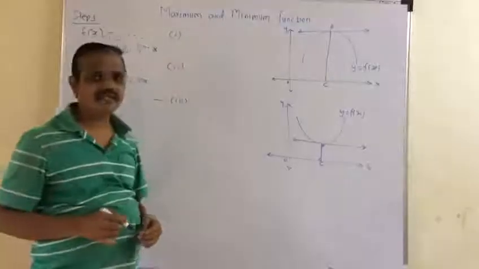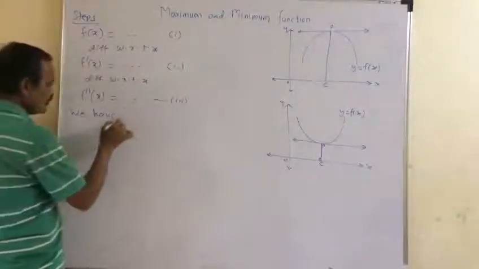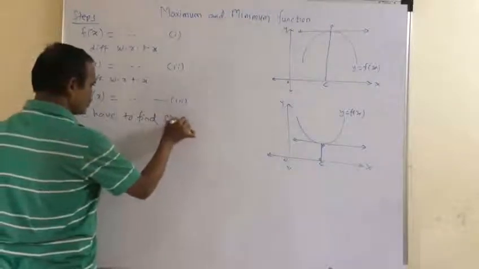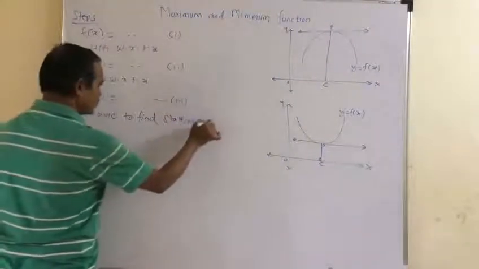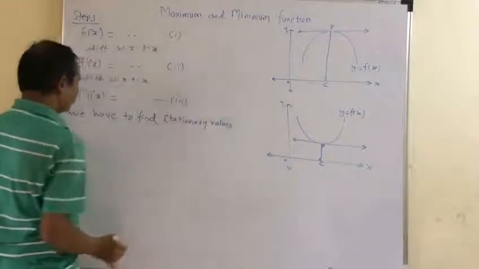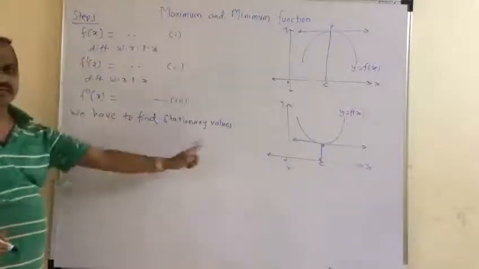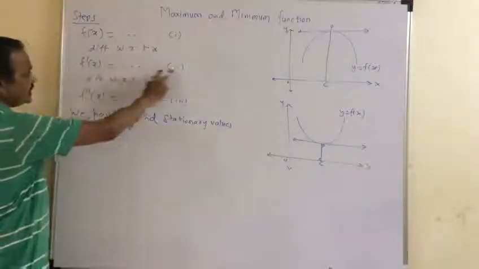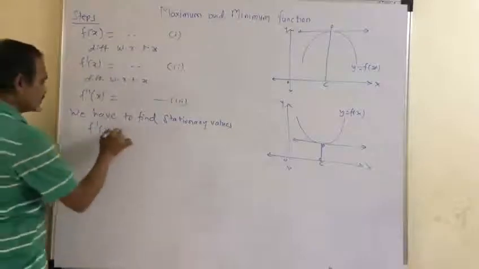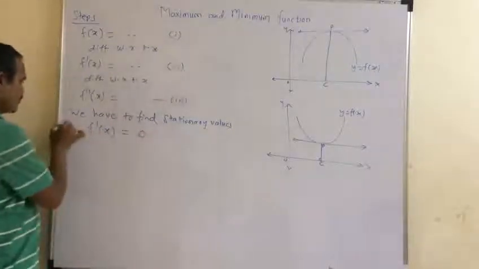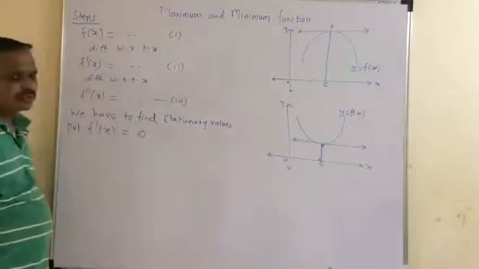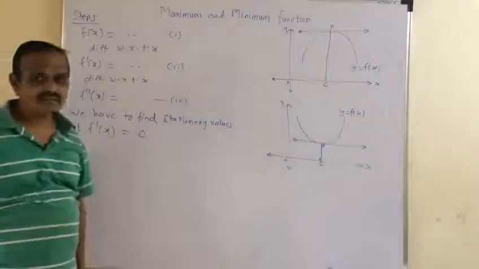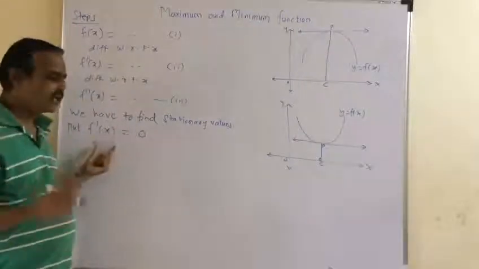To find stationary values, first we put equation second, that means f dash x is equal to 0. Put f dash x is equal to 0. Now at this step this is our quadratic equation, so we get here two values of x.